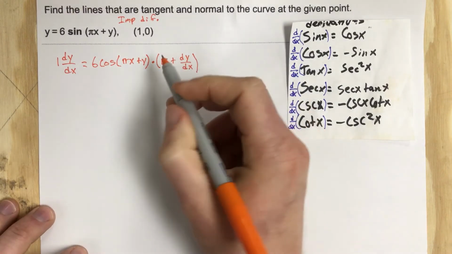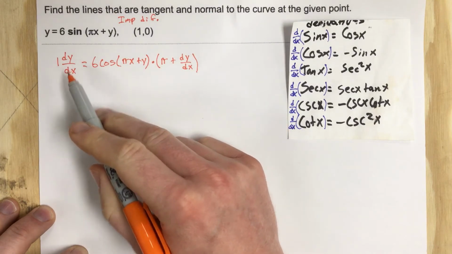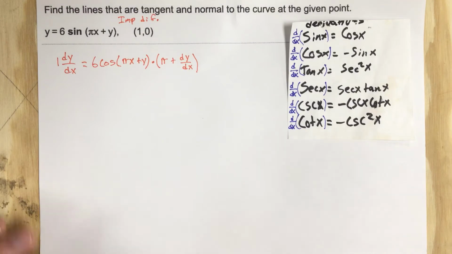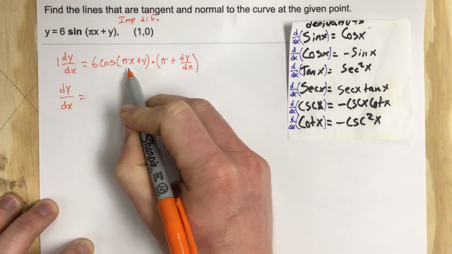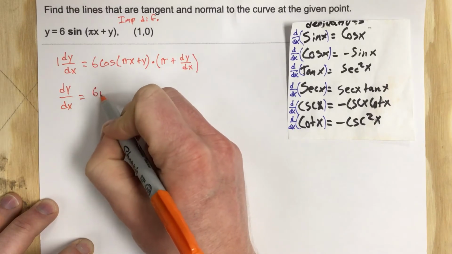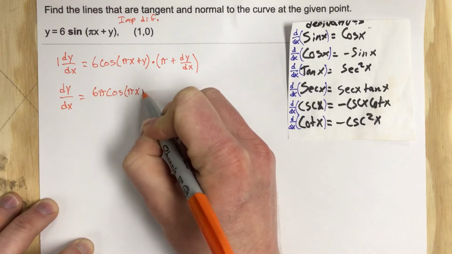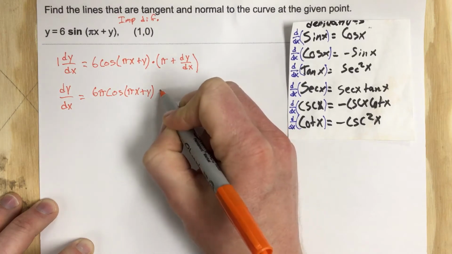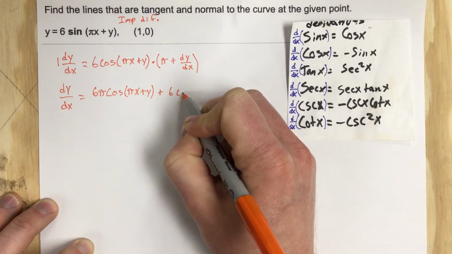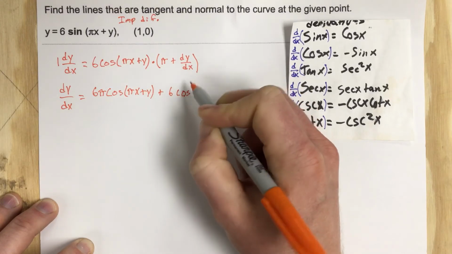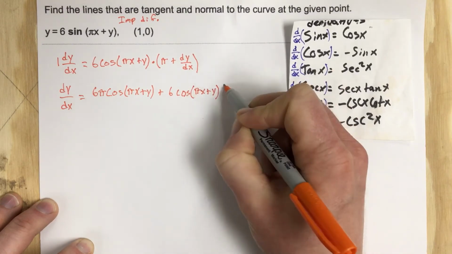So let's go ahead and now distribute and then get dy over dx on the same side so that we can factor it out. So this is dy over dx equals, when we distribute the 6 cosine, we end up with 6 pi cosine of pi x plus y plus 6 cosine of pi x plus y dy over dx.